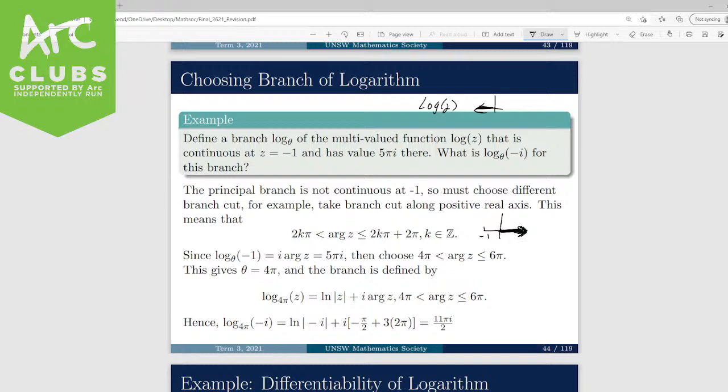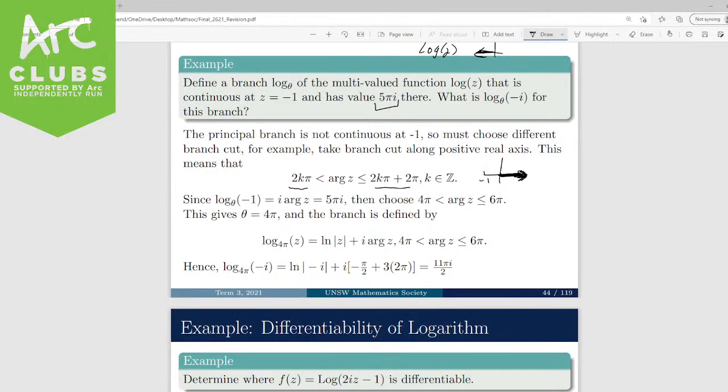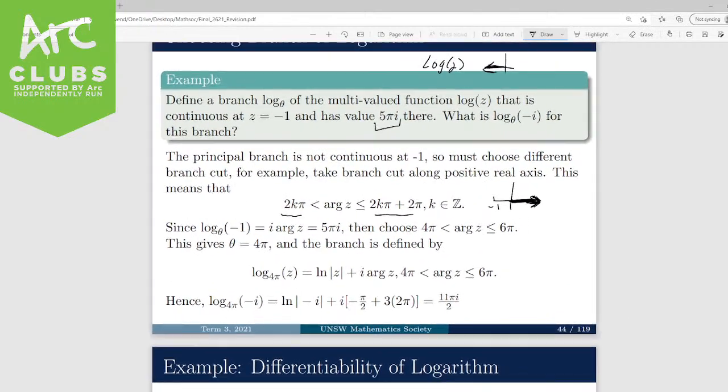But generalizing that, it's just every multiple of 2 pi, so that your argument of z would go from 2k pi to 2k pi plus 2 pi. You just need to figure out what particular k you're looking for, and that's thanks to the 5 pi i. Because if you just chose 0 to 2 pi straight away, because you were like, oh yeah, positive real axis, argument 0, you'll run into a bit of issues.